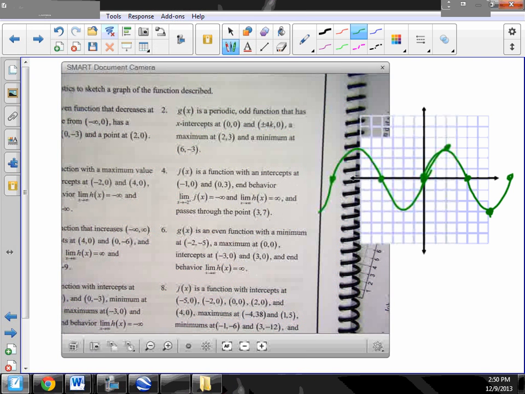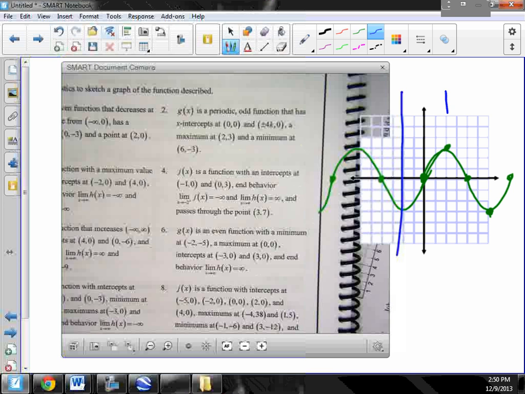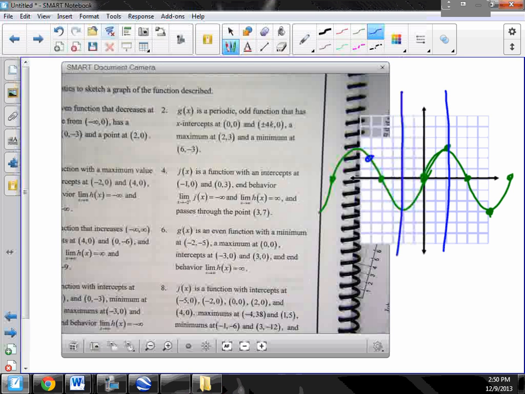It's really an odd function. Okay. Scratch that.